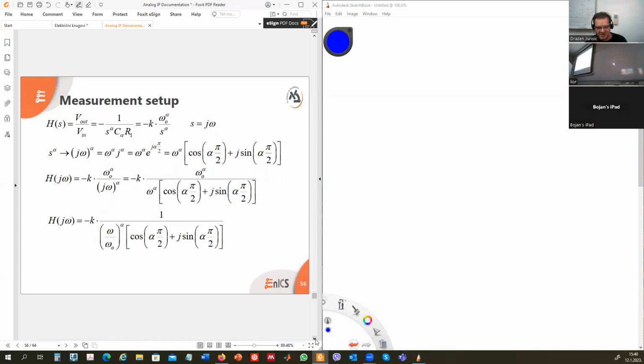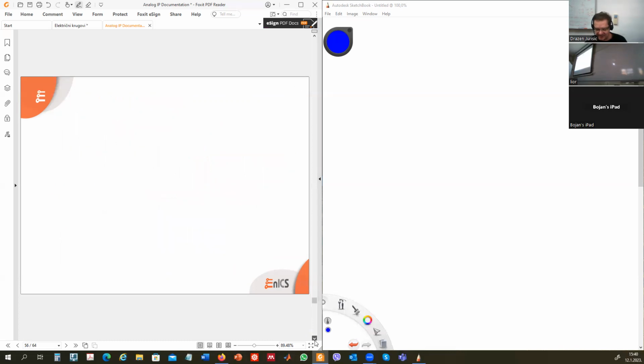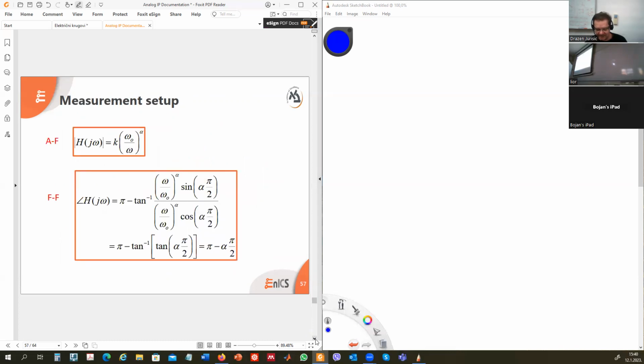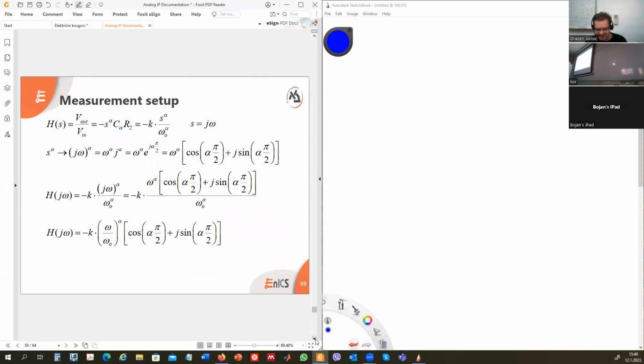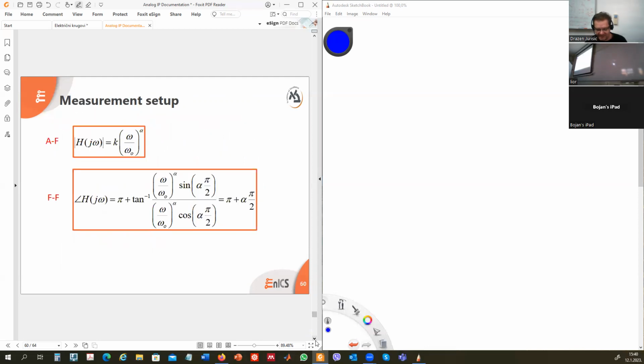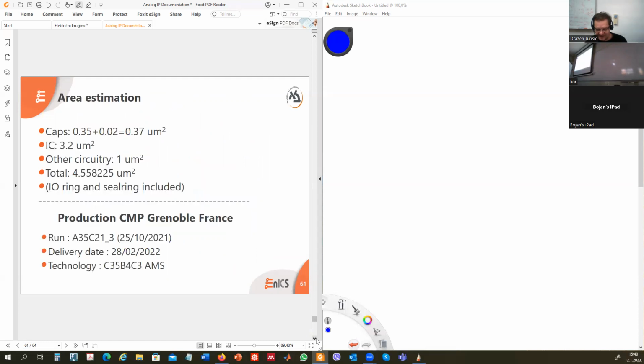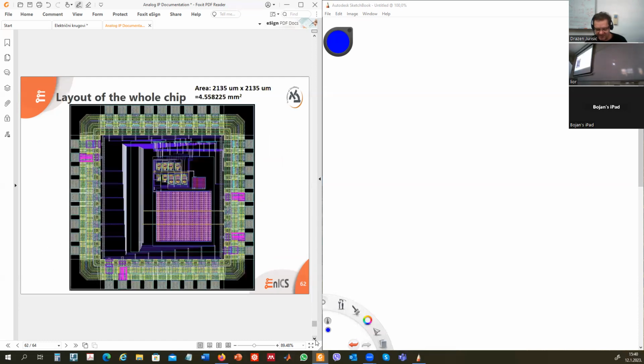And here are the equations which we use, a very important equation for the calculation of the real and imaginary part. This is the differentiator. And finally, this is our chip.